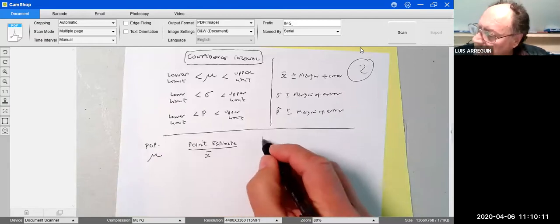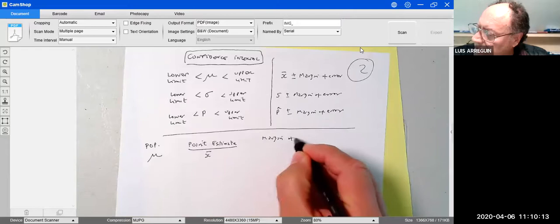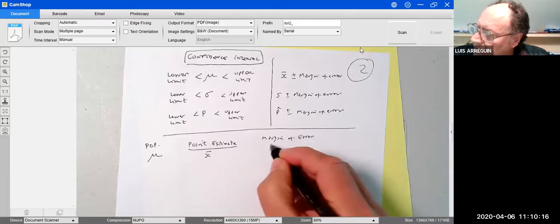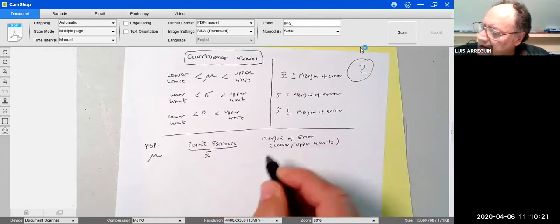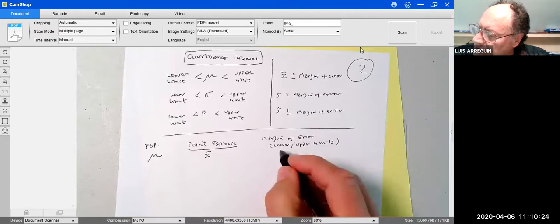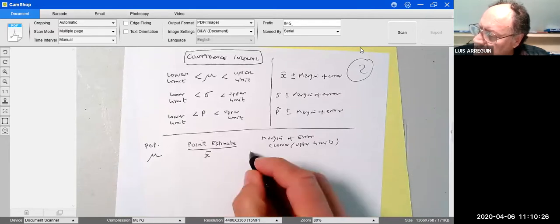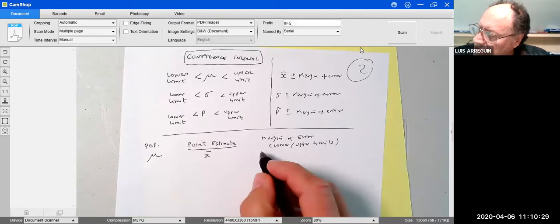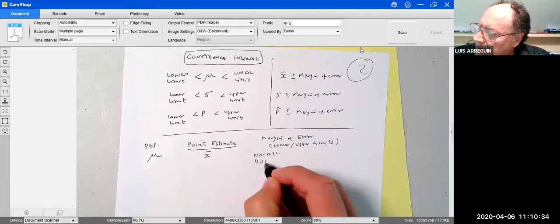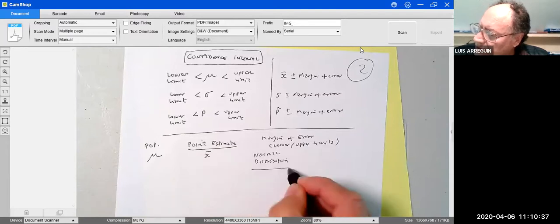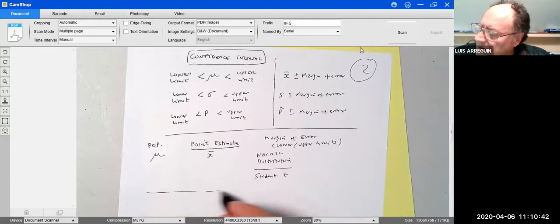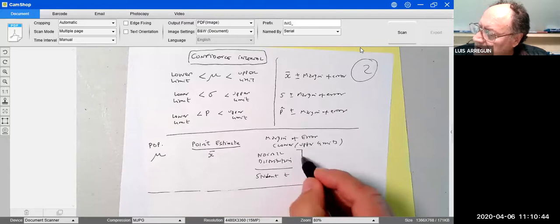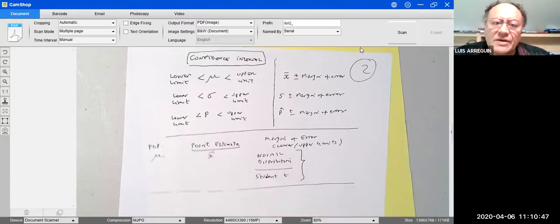And for the margin of error, or lower and upper limits, which is the same thing, we're going to use a sampling distribution. For the mean, there are two possible sampling distributions. One is the normal distribution, and the other possibility is the student distribution. So these are the sampling distributions for the mean.